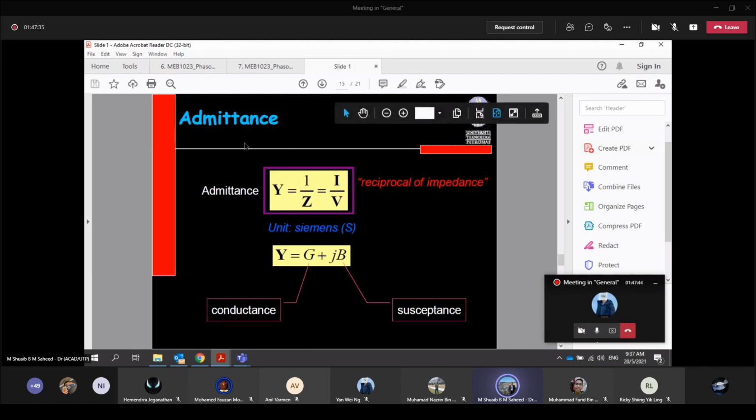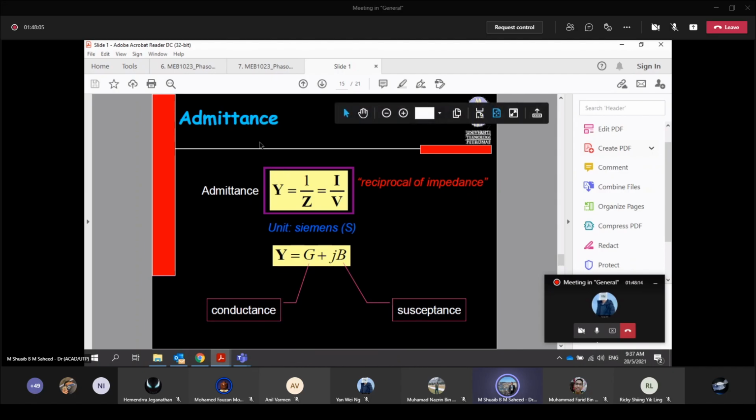Okay, now admittance. Admittance is the reciprocal of impedance, similar to conductance. What is conductance? Conductance is the reciprocal of resistance. If resistance means how much the circuit is opposing the flow of current, conductance is how much the circuit is allowing the current, or the electrons, to flow.